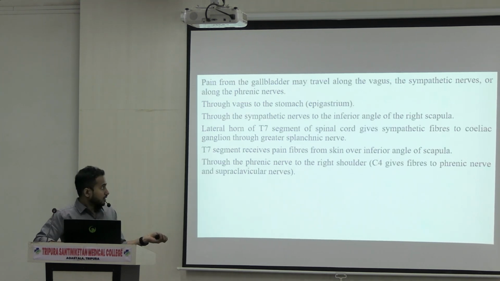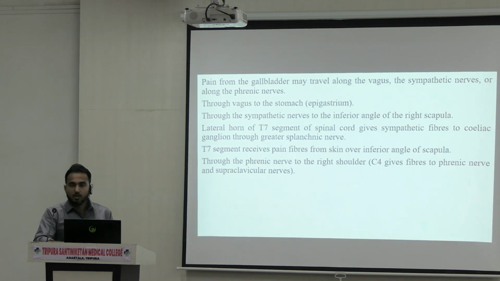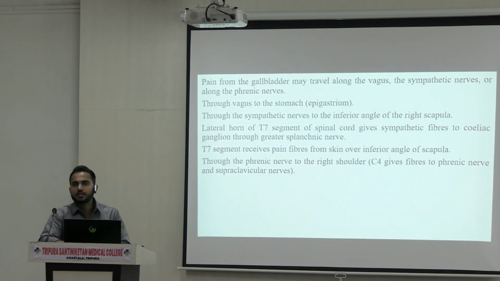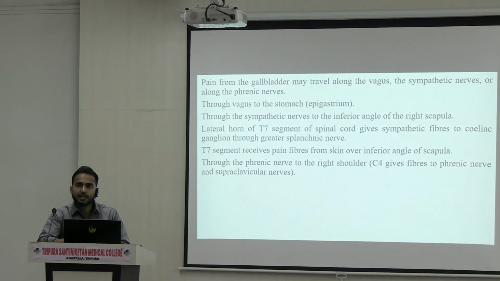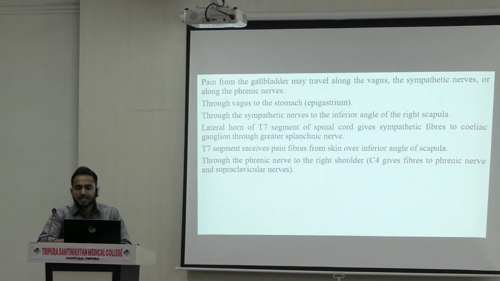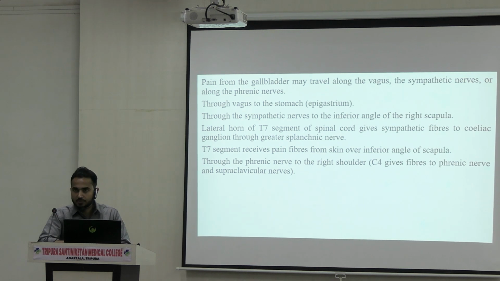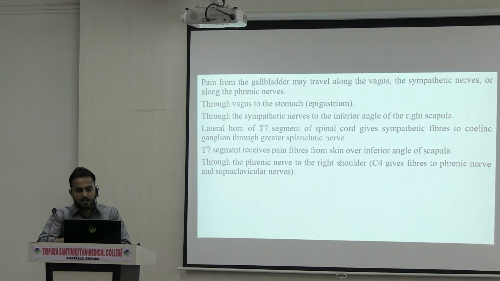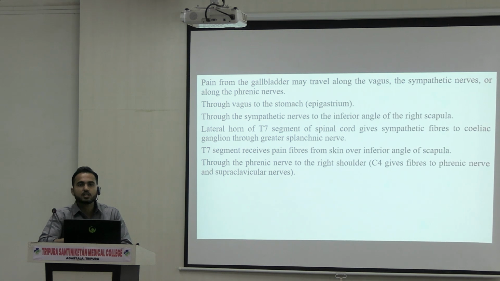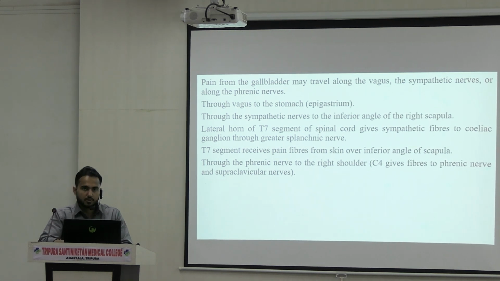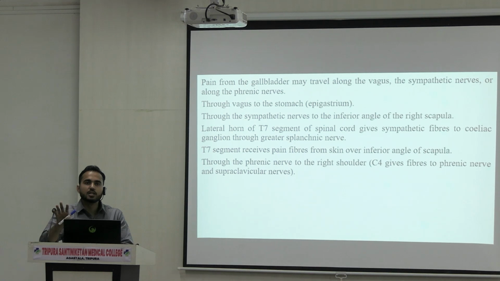If inflammation is there in the gallbladder, or gallstones are there, whenever pain is there in the gallbladder, that pain can travel along with the vagus nerve, that is the parasympathetic part, sympathetic nerves, or along the phrenic nerves. These are the three pathways or three nerves by which the pain sensation can travel from the gallbladder. Since it is going in three different directions, the referred pain will be felt in three different areas.